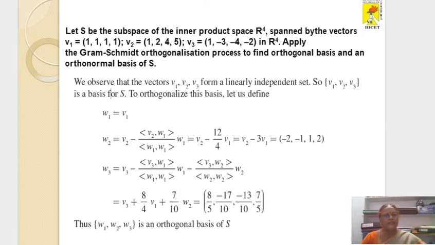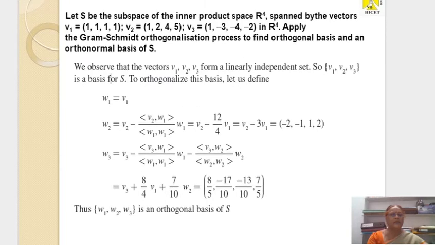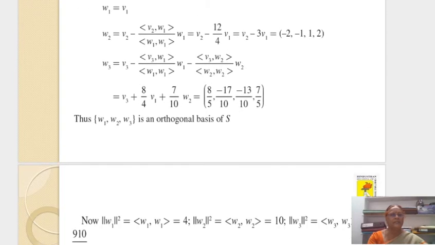In the same way, let us find out 7 by 10 for the inner product of V3, W2 by W2, W2 into W2. Now all the values we got, and W2 value also we got, substitute in the corresponding places, we will get it as 8 by 5, minus 17 by 10, minus 13 by 10, 7 by 5. Thus W1, W2, W3 is an orthogonal basis of S.